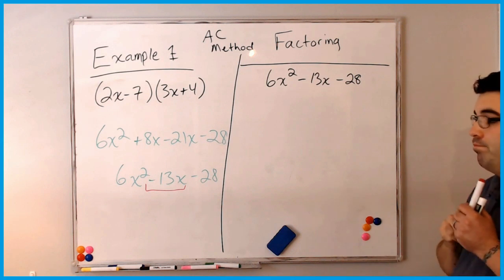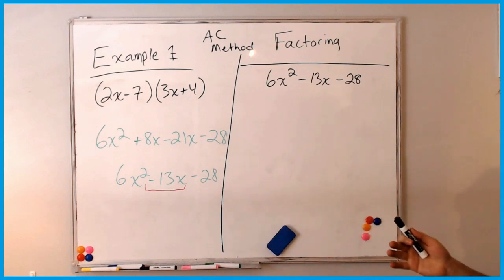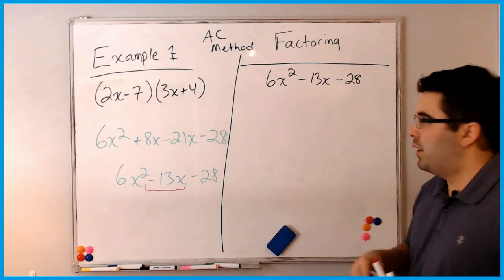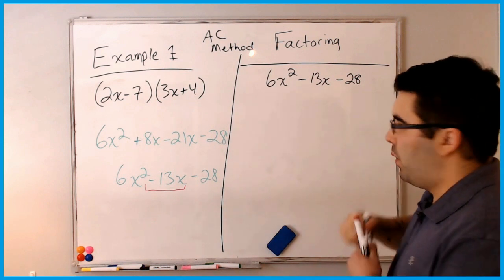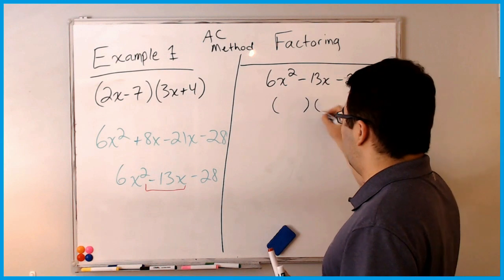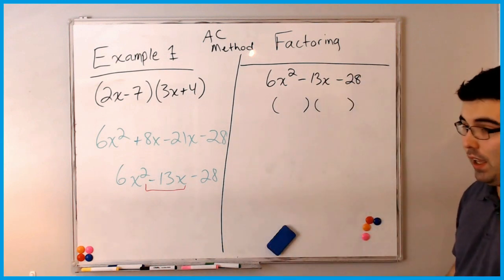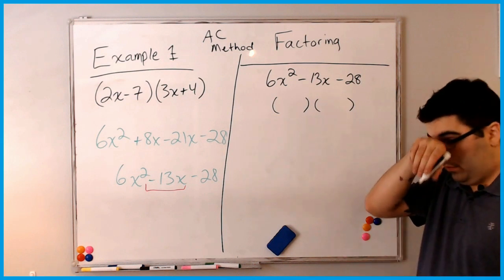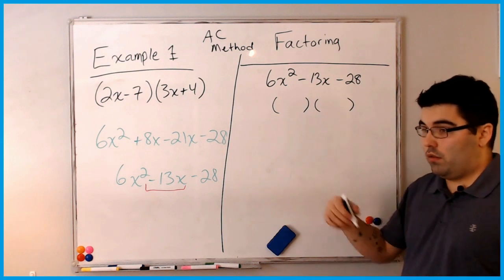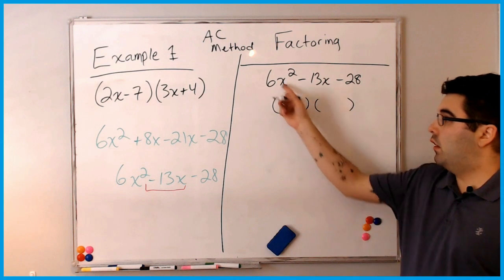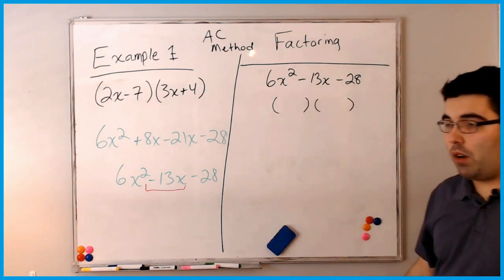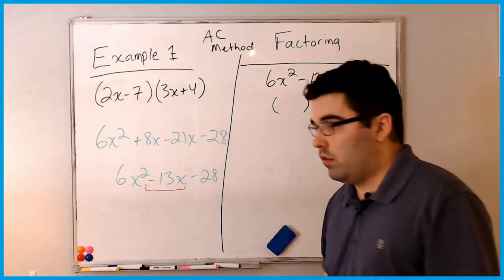We could guess, because that's an exponent of 2, I know my answer's going to look something like that. But beyond that, I would just have to start guessing. What numbers give me this information? Don't get me wrong, you could eventually figure it out.